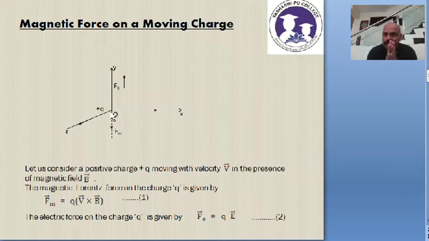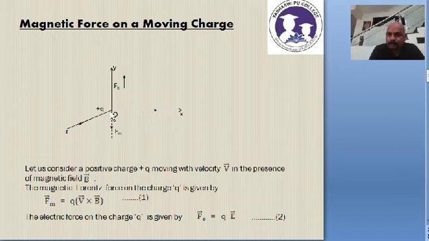One is the electric force, the second is the magnetic force. First, let us learn about the magnetic force the charge will experience. A moving charge also experiences electric force, which we will learn later.